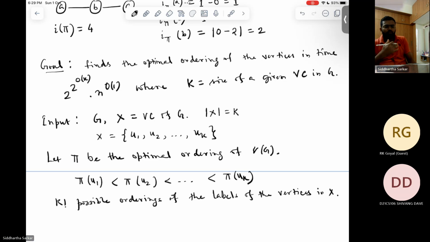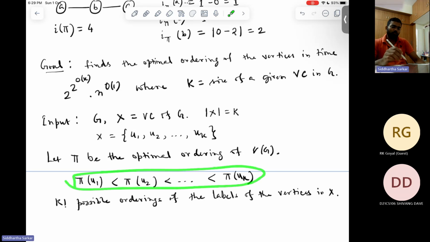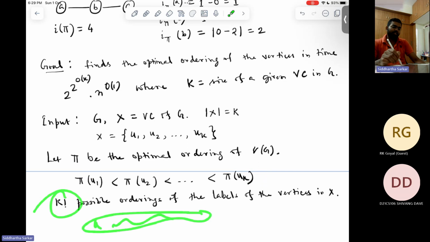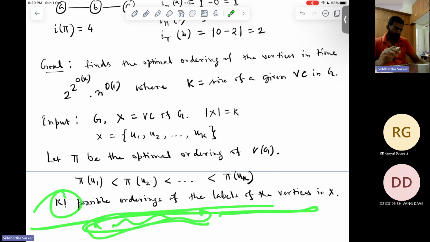K is a constant, so we can afford to try all these k factorial possible orderings. We do not know this ordering; it is not known to us. We will try all possible k factorial orderings and we will try to see whether, from there, we can obtain the entire ordering of the vertices.